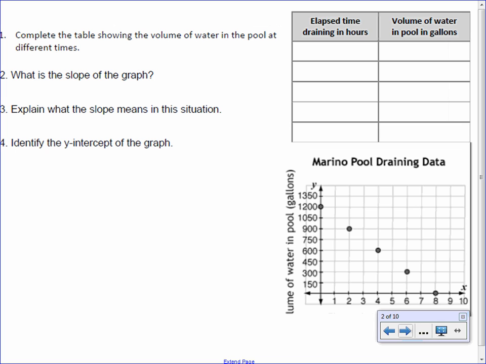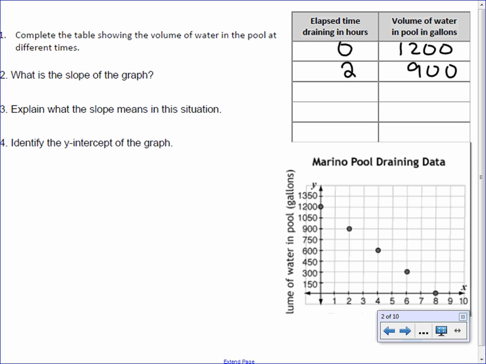So our graph here tells us that we start off at 0 hours of pumping, we have 1,200 gallons of water. After 2 hours, we have 900 gallons of water remaining in the pool.